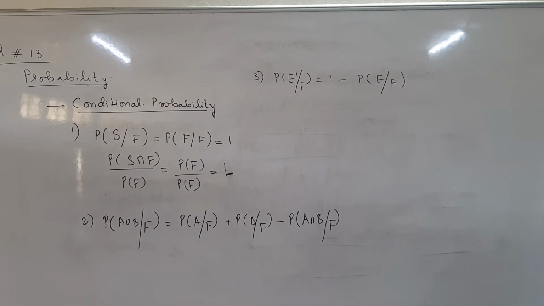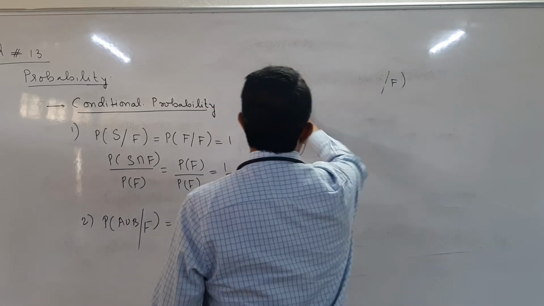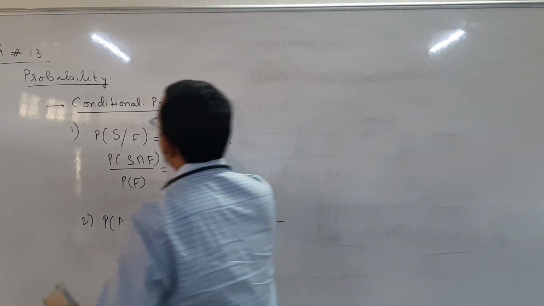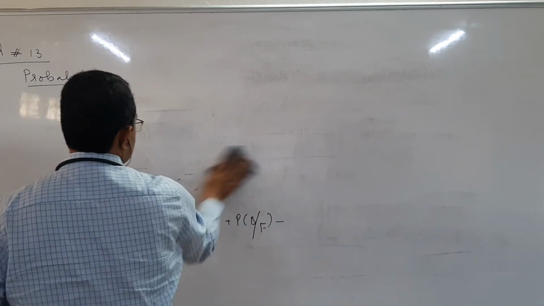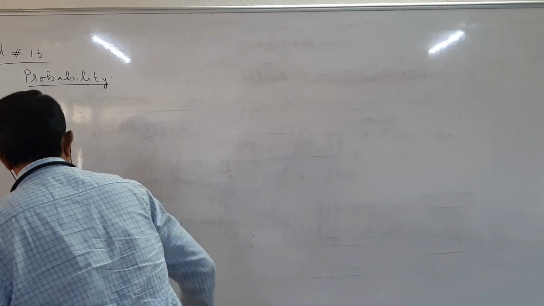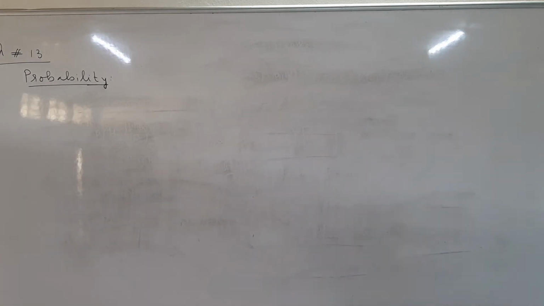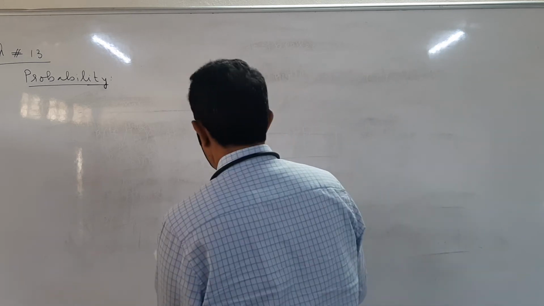Now we can start exercise 13.1. These three properties, especially the first and third, are very important for MCQs. Please try to understand and memorize this.